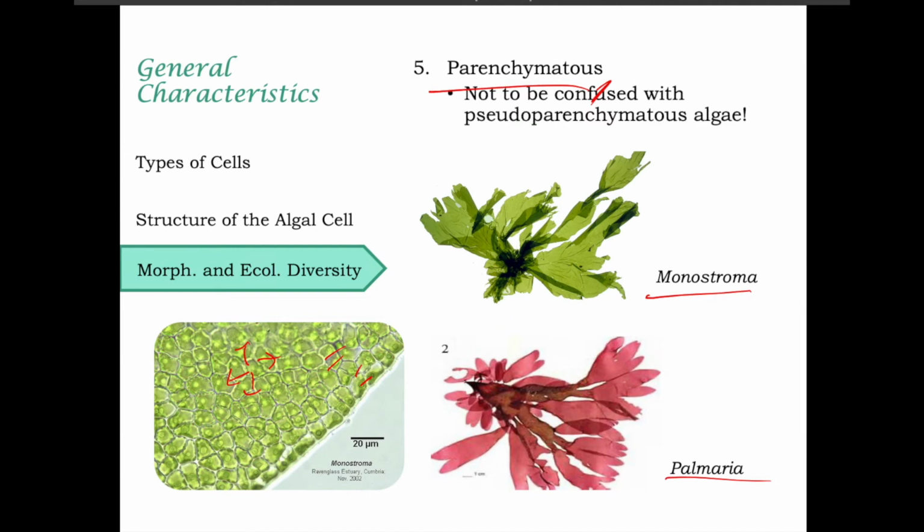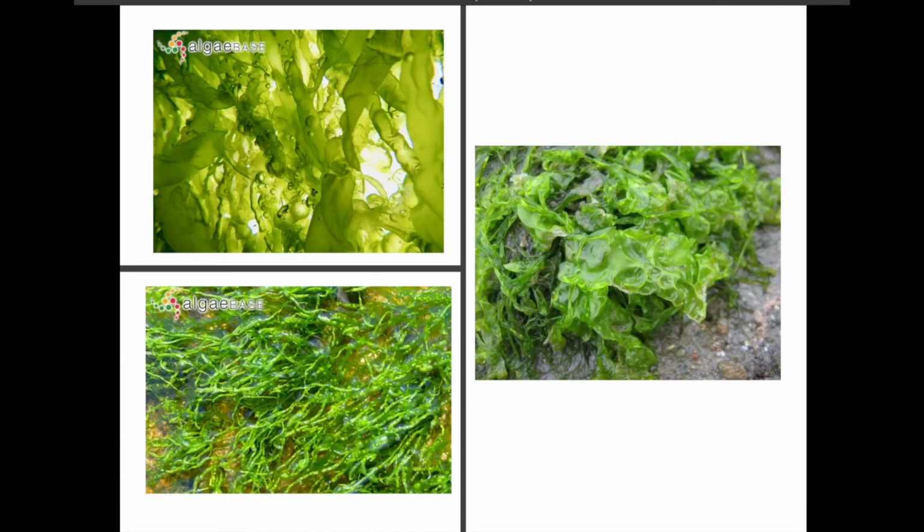Pseudoparenchymatous forms are like this one right here. This is your Enteromorpha intestinalis. Your Enteromorpha intestinalis is not a Parenchymatous type of morphology in your algae. It's not a lump of cells.